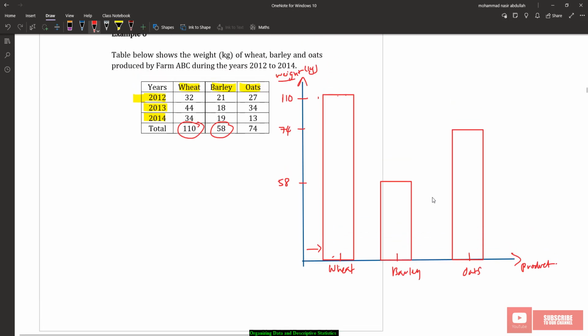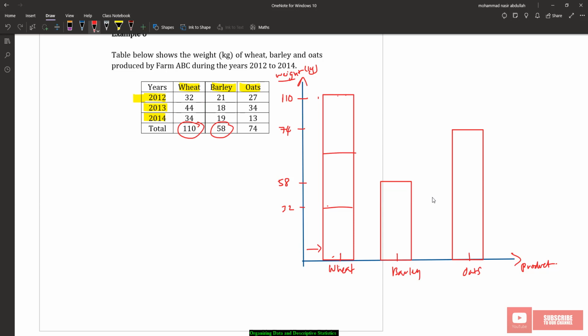Right, so for each bar, we will stack it. Let's say we look at 2012. So 2012 is 32, so we highlight here. This is 32. And 44, we measure another 44 here.